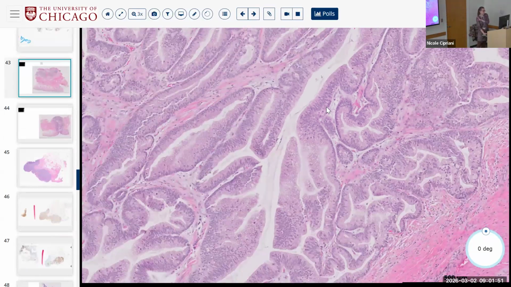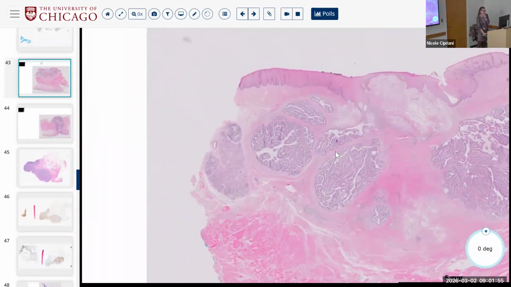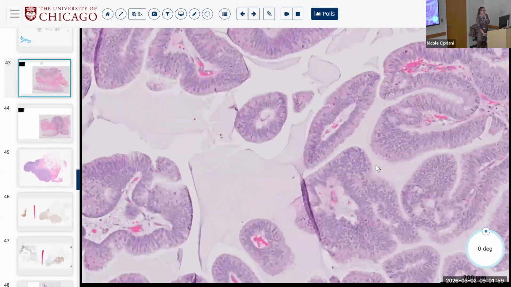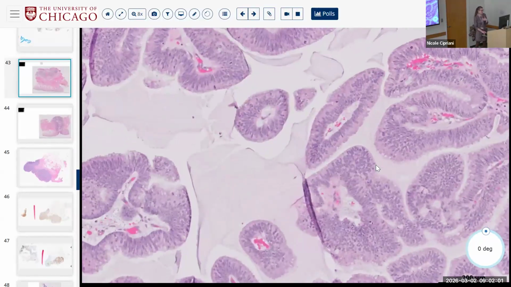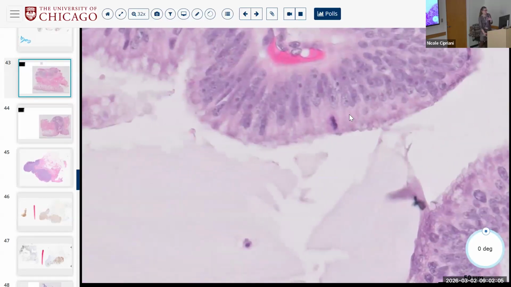But this had the AKT mutation. This was in the cheek, in the buccal mucosa. And even though it didn't have these colloid pools, it has a lot of tall columnar cells that are probably secreting the mucin into the extracellular space. So mucinous carcinomas of salivary can have these various types of looks.